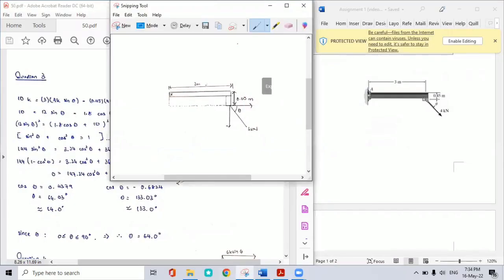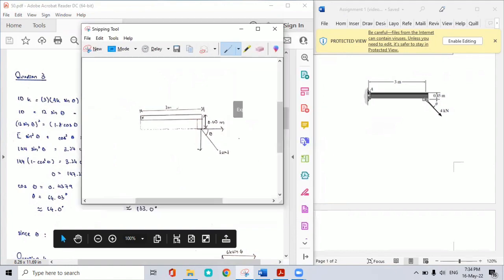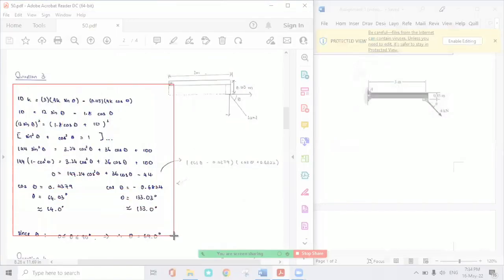Right here, we know that the total moment will have 10 kilonewton meters, and we need to find an expression for that. The expression is like this.